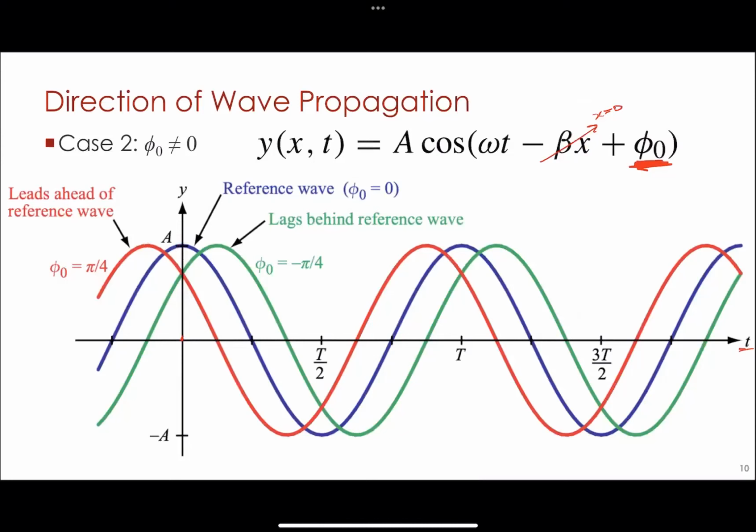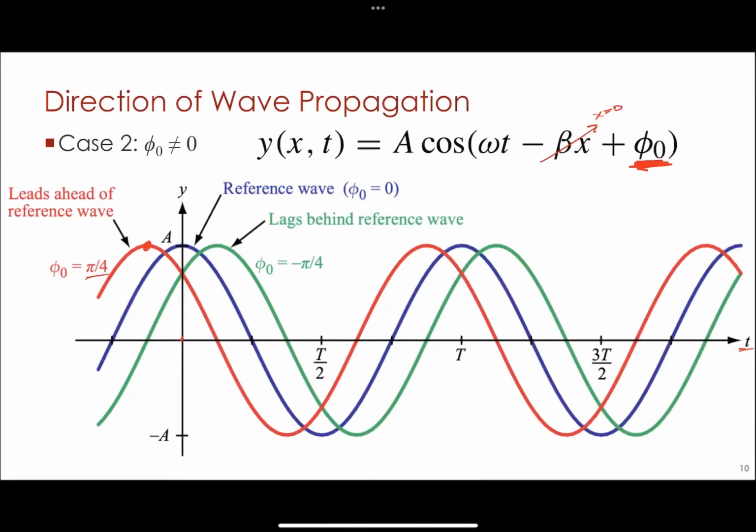In other words, imagine omega times t was equal to pi over 4. The only way that can happen is a negative t, right? It's got to be a negative number. So if omega times t was minus pi over 4, it'd be the cos of 0. That would be a peak. That would be right there.